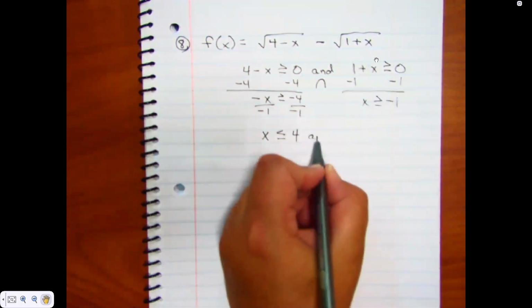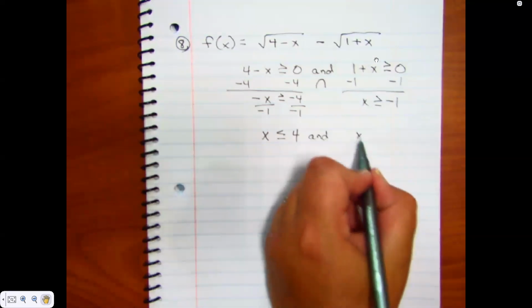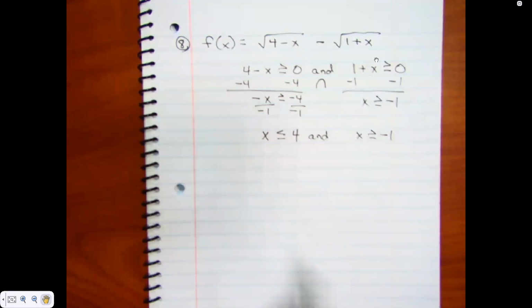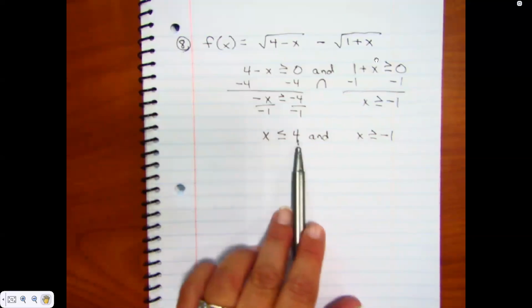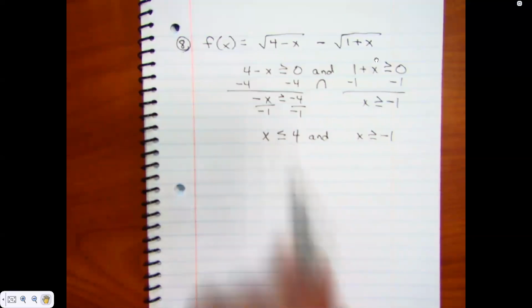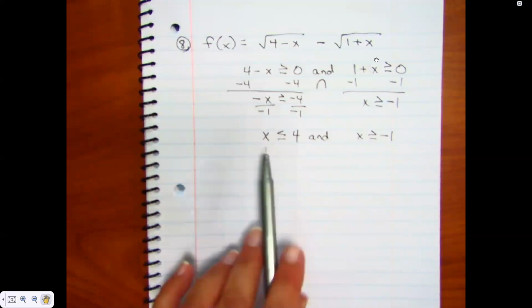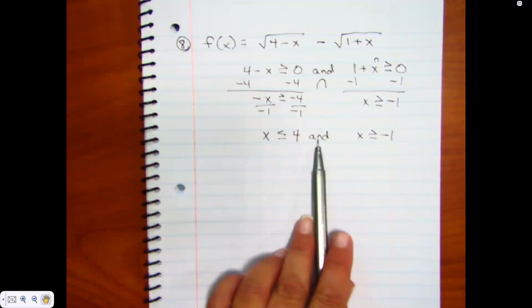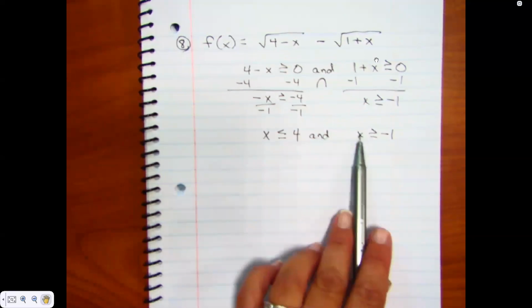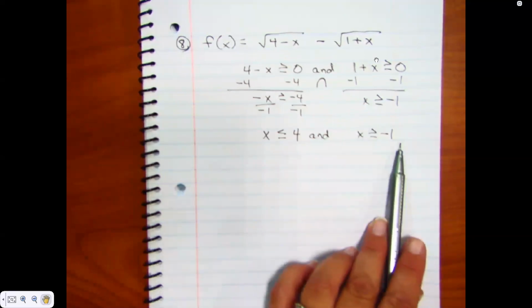Okay, so let's take a look. What is this saying? Numbers have to be less than 4, equal to, but let's just do in general. Numbers have to be less than 4, and at the same time, so that it works both, numbers have to be greater than -1.